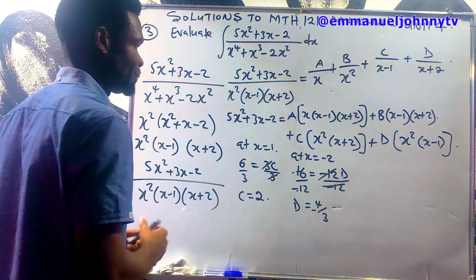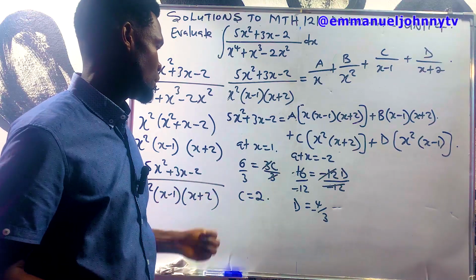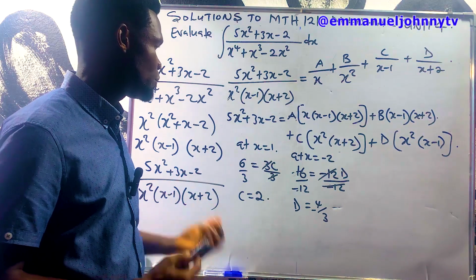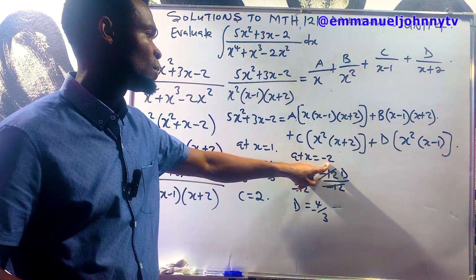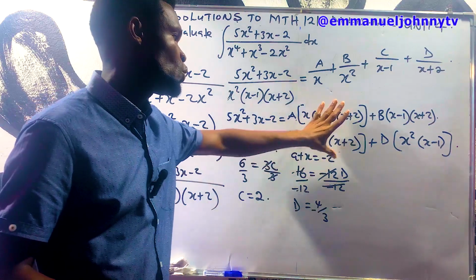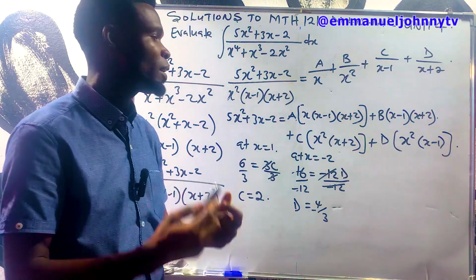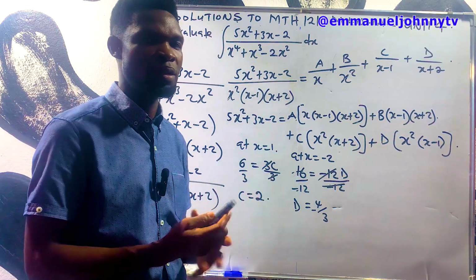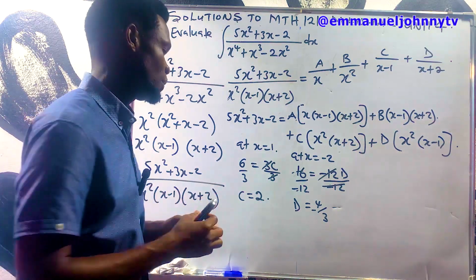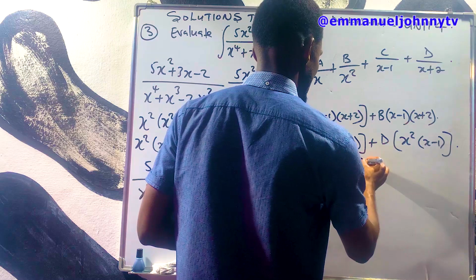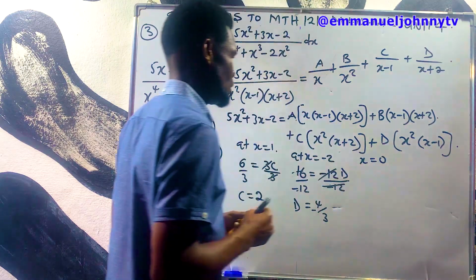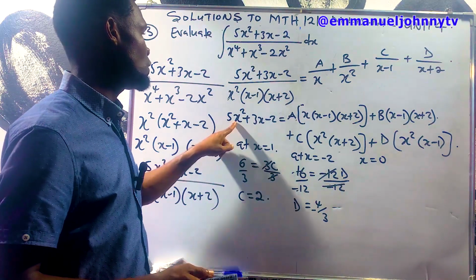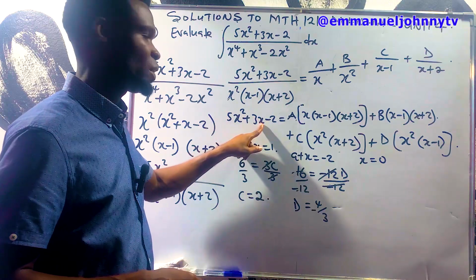We'll keep moving. So I have put 1. I have put minus 2. I need to make another assumption. Please, as far as partial fraction is concerned, you can always assume x to be 0 and it will not affect anything. So let's assume that x is equal to 0. If we do, put 0 here, this is gone. Put 0, this is gone.